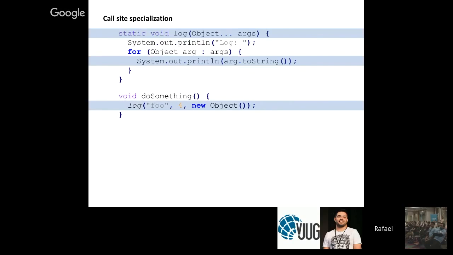But let's say we call this log method with a string, with an integer, and with an object, which makes 3 types, meaning that the toString call site here would be megamorphic in the end, which would mean that we have this additional lookup cost and all this megamorphism that we have to deal with. But since this log method is static, it is inlineable very trivially, right?